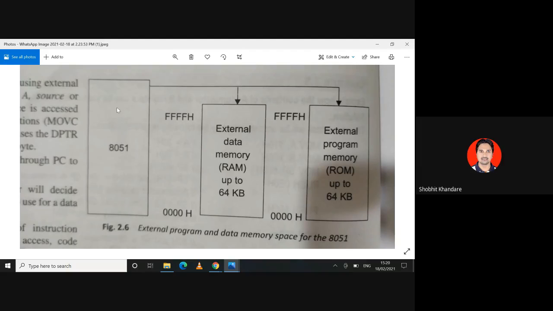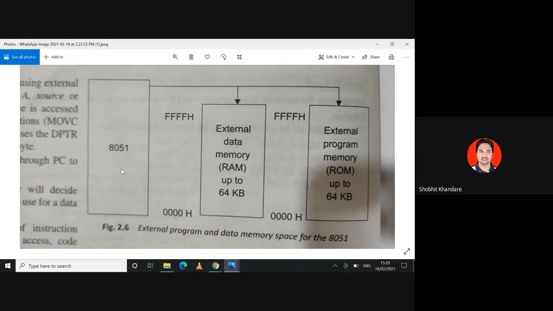So next question is how much of the memory, tell me the maximum memory capacity which 8051 can handle. 64 KB, 2 to the power 16. Yes, you are right. 64 KB. So max to max 64 KB I can use.